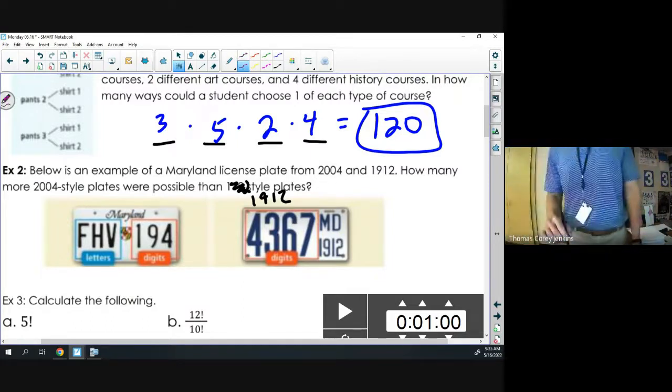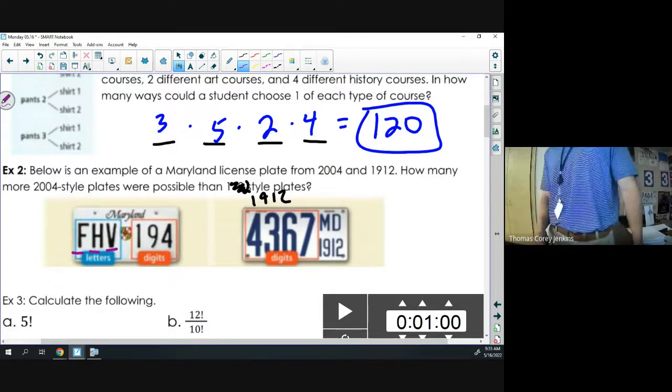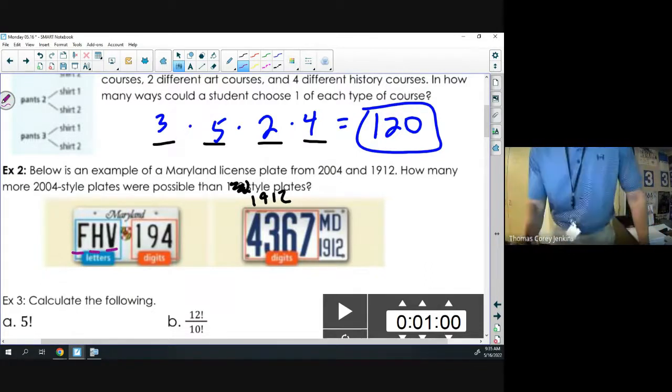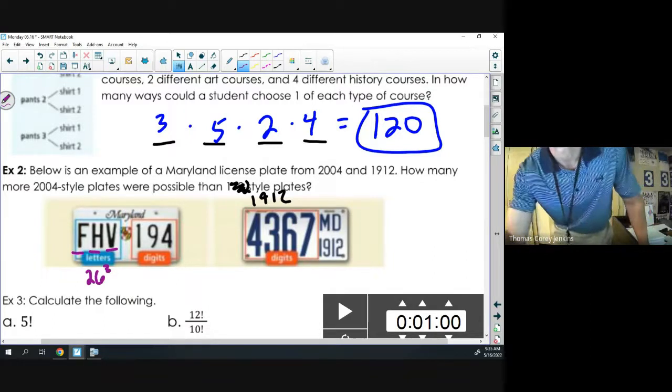How many letters? So kind of going spot by spot, 1, 2, 3 spots. How many letter options are there? How many letters in the alphabet? Andrew? 26, right? So basically to fill that first box, we would have 26 times 26 times 26 ways. I'll just write 26 to the 3rd power.